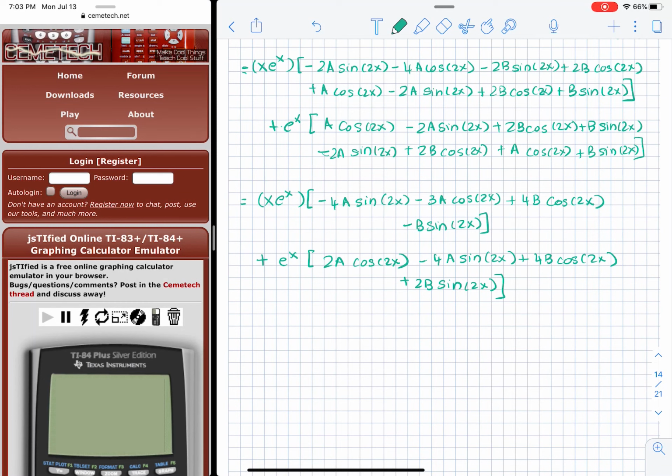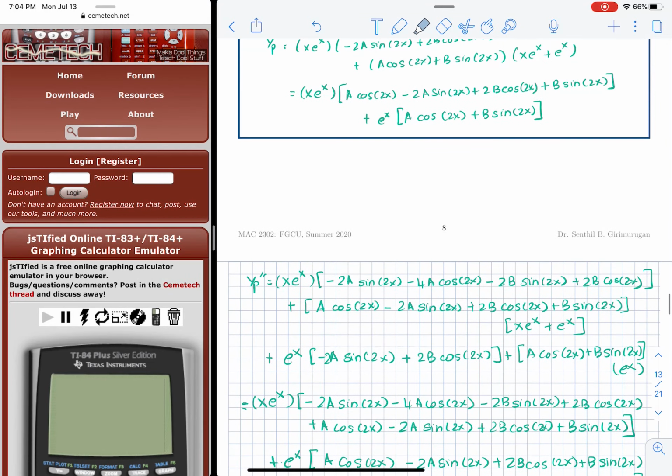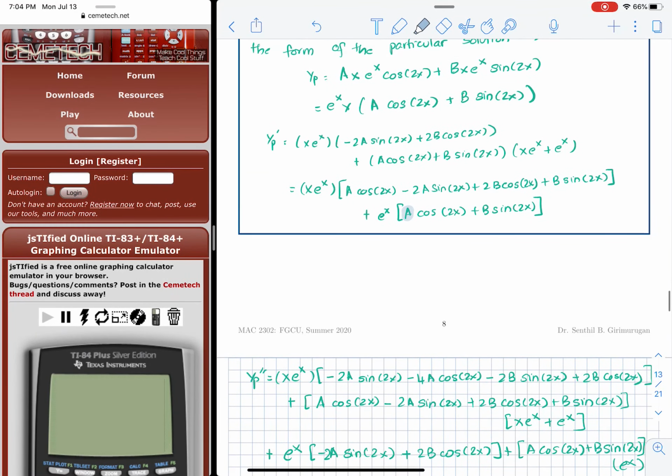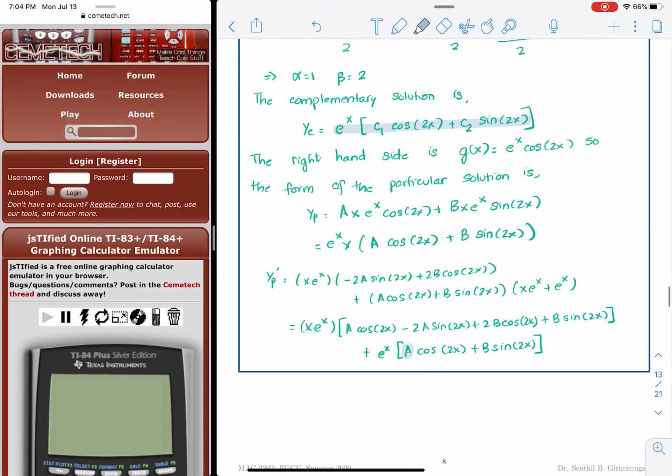If we look at it, what we need is the 2a over here and the 4b over there. And in here, we simply need the a. And in the original, we need nothing.